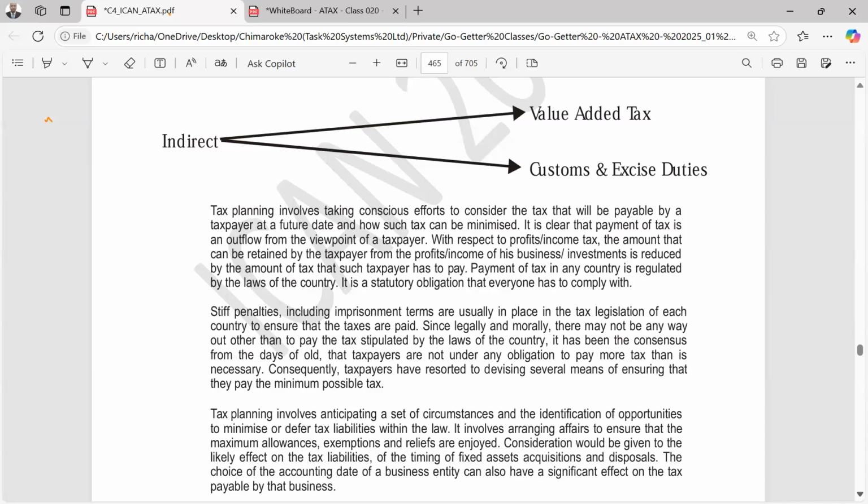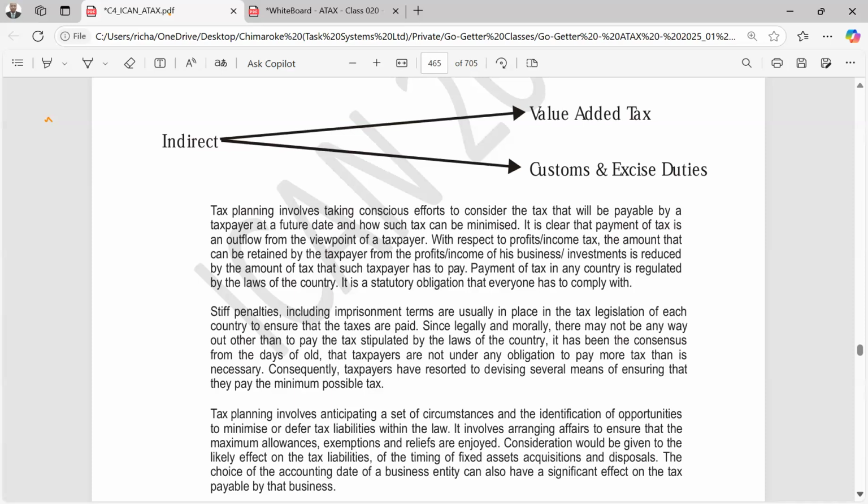Take, for example, when is VAT due? VAT is due on the 21st day of the month following the month of transaction. So we are already in the month of March 2025. Today happened to be the 12th day of March.